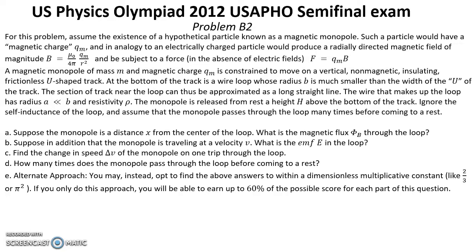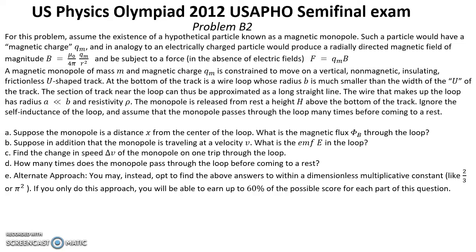The section of track near the loop can thus be approximated as a long straight line. The wire that makes up the hoop has radius a much smaller than b and the resistivity ρ. The monopole is released from rest a height h above the bottom of the track.